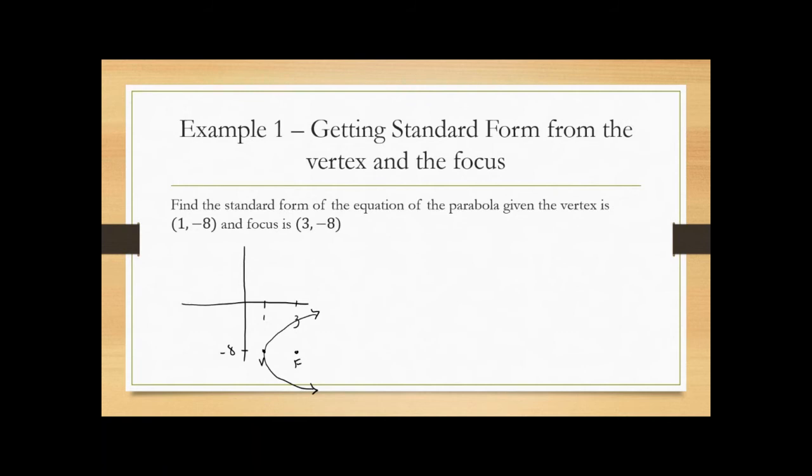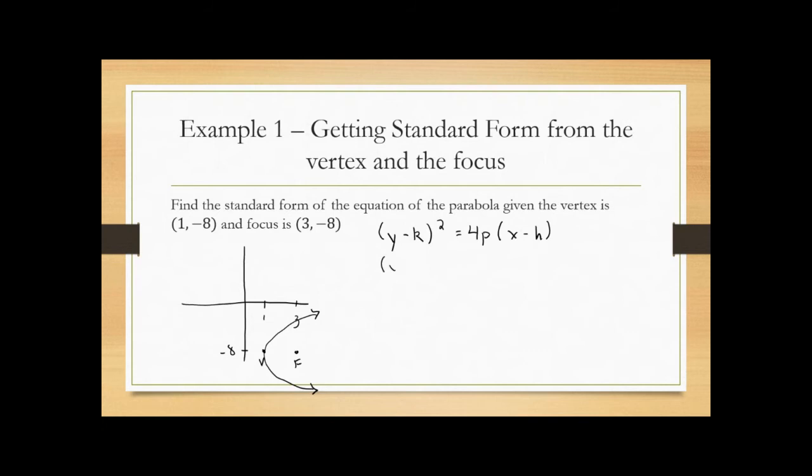So the equation for a horizontal parabola is (y - k)^2 = 4p(x - h). We know h and k because that's the vertex. The h is always the x value of the vertex, and the k is always the y value of the vertex. So I can plug those in immediately.